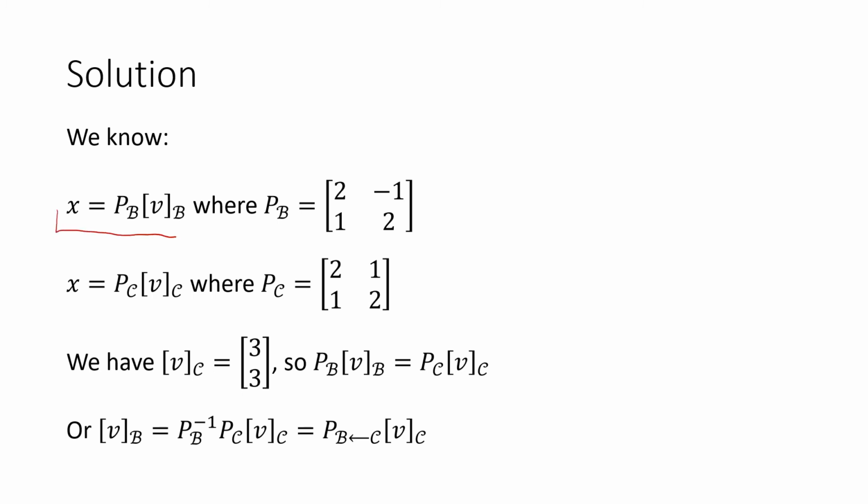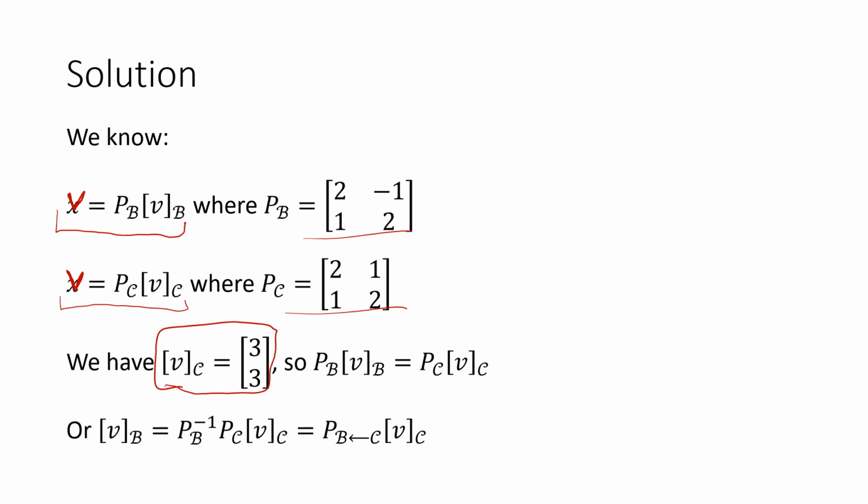We know that v equals PB times the coordinates in B, and we know what PB is. We know that v is also equal to PC times the coordinates in C, where PC is that. This should be v's, not x's. So we also know the coordinates of our vector in relation to C.